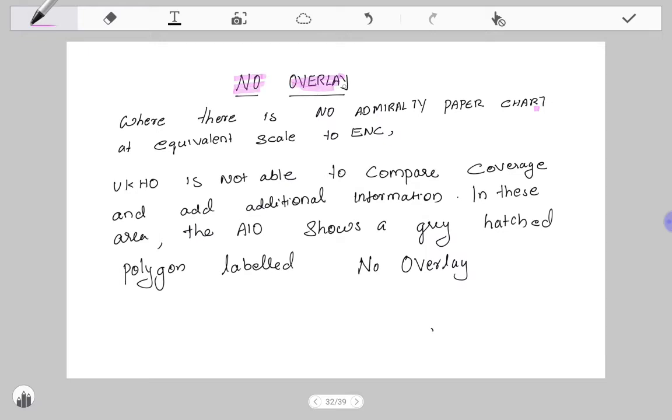No overlay areas are where there is no Admiralty paper chart at a scale equivalent to the ENC. Meaning, if there is an ENC and for that ENC region there is no paper chart produced at that ENC's scale, then UKHO will not be able to compare the coverage and add additional information in this area.